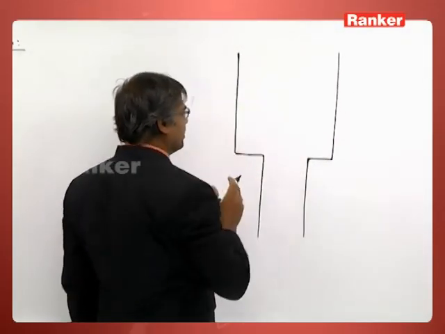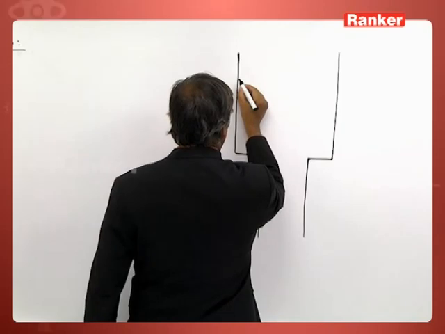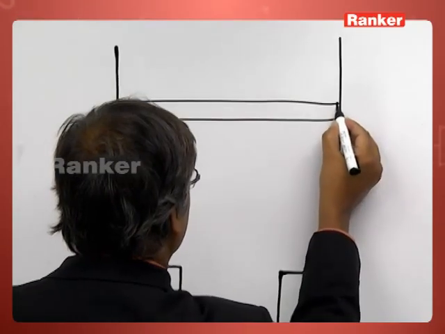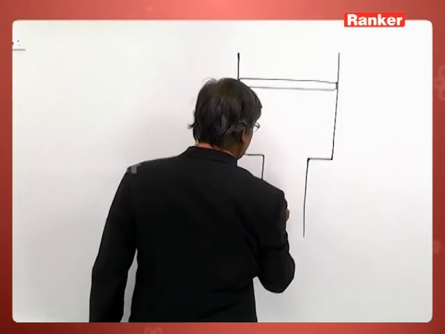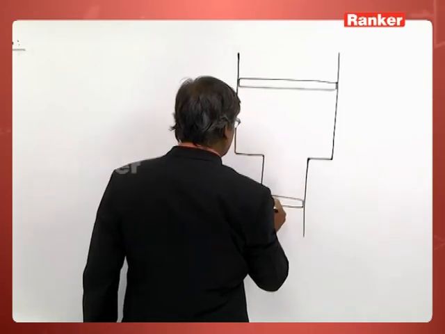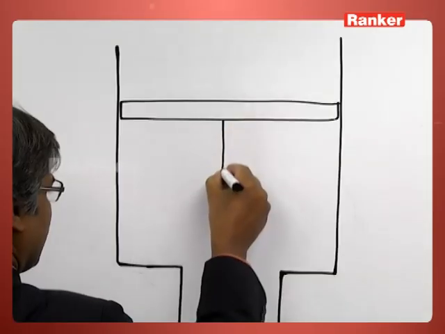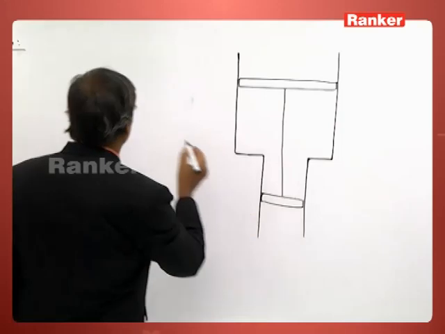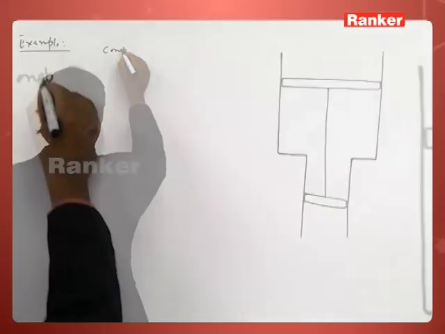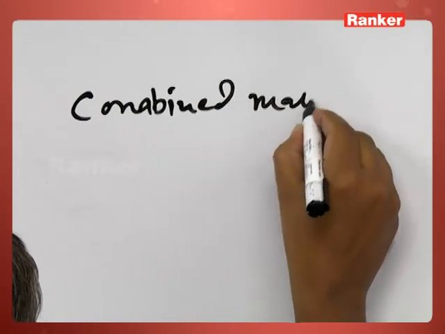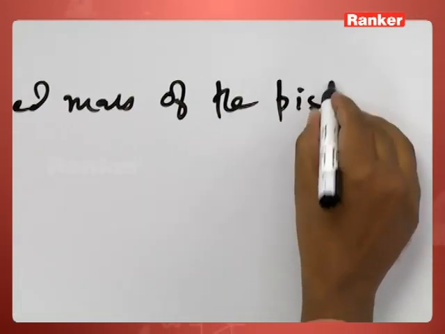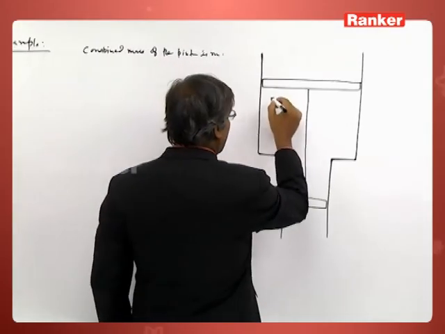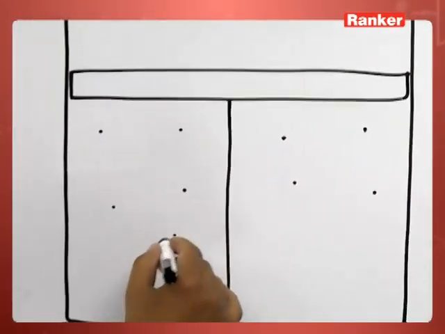Here the cross section is different and here the cross section is different, and we have two pistons, one here and another one here. The two pistons are connected by a string and their combined mass is m. Inside this we have an ideal gas contained.